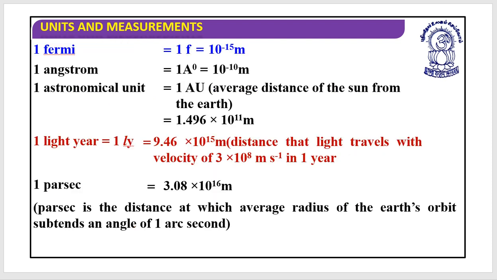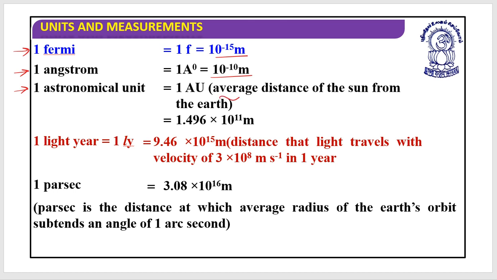Now we have certain different units for different systems. You need to remember these, I repeat, you need to remember these units, as they will be very helpful to calculate certain data. So let's look at this. One fermi is 10 to the power minus 15 meter. One Angstrom is 10 to the power minus 10 meter. One astronomical unit, what is it?